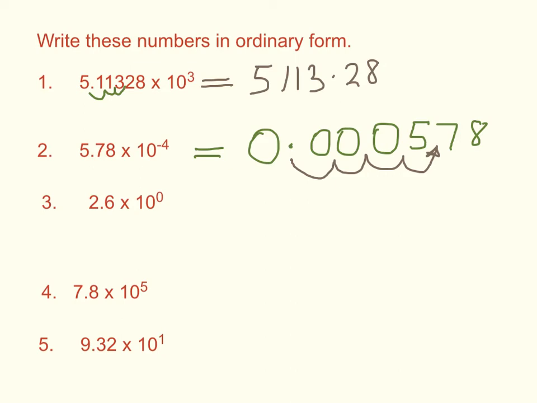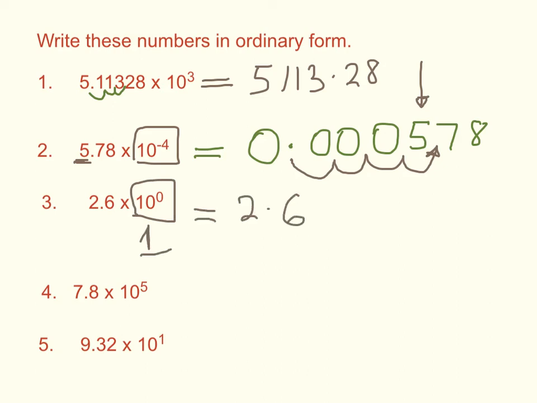So thinking about what that place value is, we're saying here that the 5 needs to have the place value of 5 10,000ths, which is this column here. The next one, 2.6 times 10 to the power of 0, is just 2.6 times 1, or 2.6.